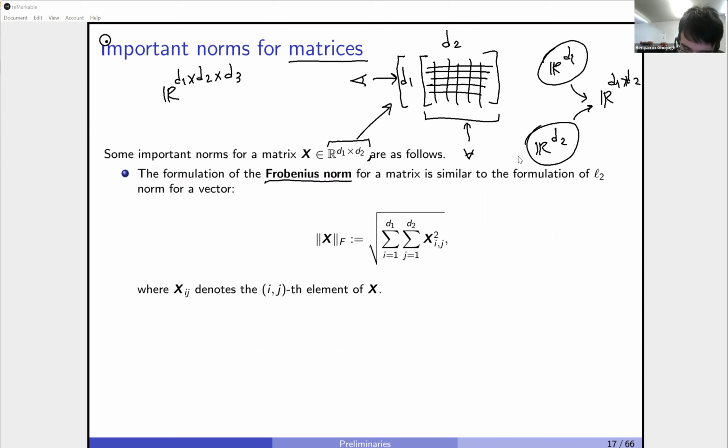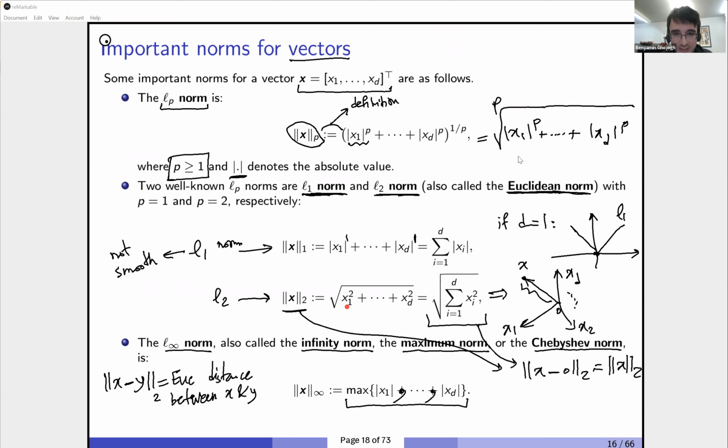So what is the Frobenius norm? You will hear this a lot in different works, either in papers or in industry. The Frobenius norm is similar to the L2 norm for vectors. Do you remember what the L2 norm for a vector was? It was the square root of x1 squared plus up to xd squared.